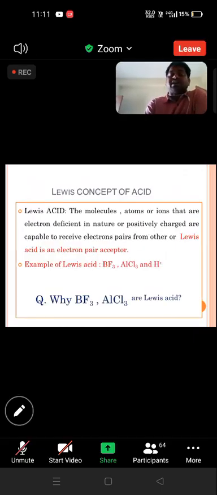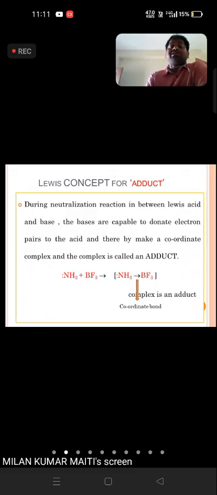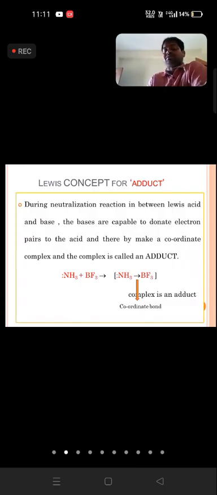Okay. Next one, why BF3 and AlCl3 are Lewis acids, that is already discussed. Next one, ammonia is considered as a Lewis base. What is an adduct? Adduct formation is only possible when a Lewis acid is combined with a Lewis base. So during reaction of ammonia with BF3, the lone pair of electrons of the nitrogen atom of ammonia can easily be donated to the boron atom of BF3.